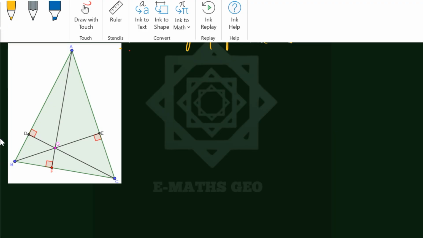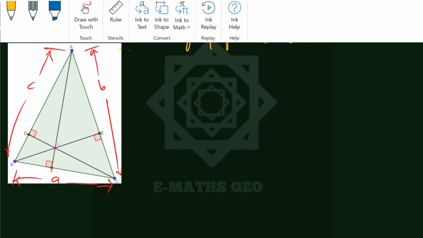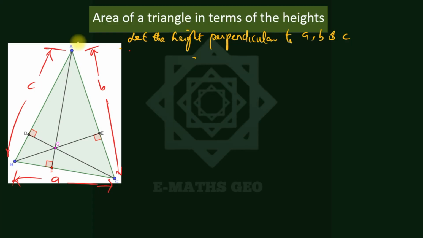This is A, while this is B, and this is C. So let the height perpendicular to each of the sides be HA, HB, and HC respectively.